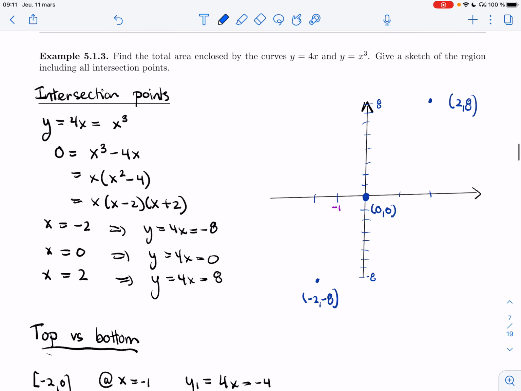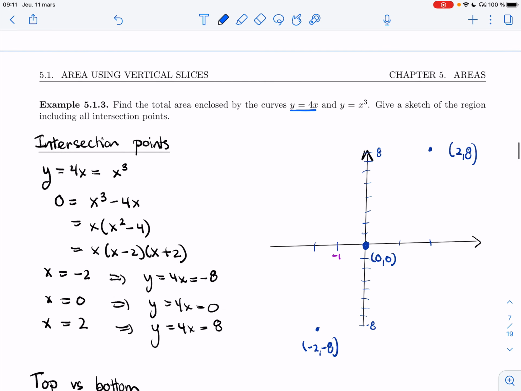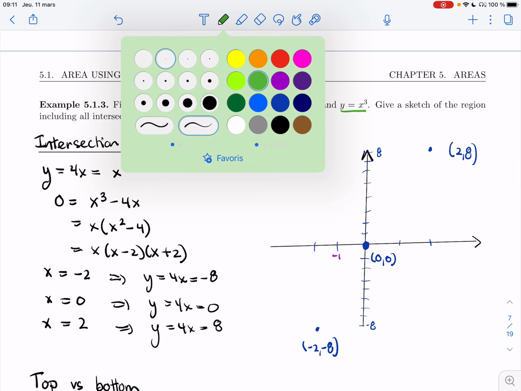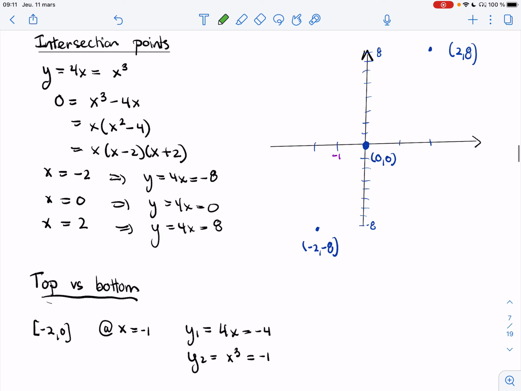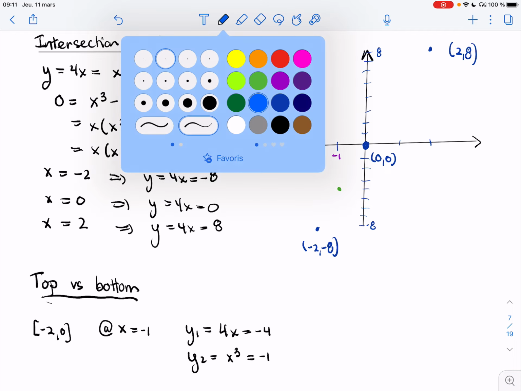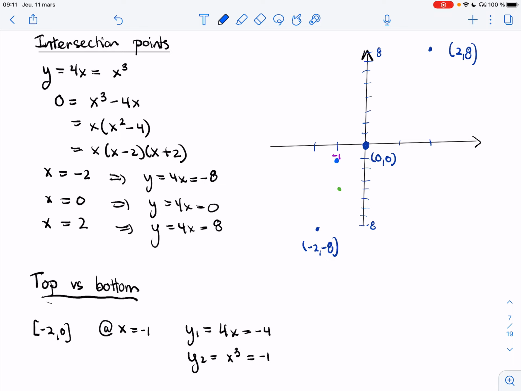Right, so I'm going to use blue for this one. I'm going to use green for that one. So we said -4, so 1, 2, 3, 4. This is the green curve, and the blue curve is at -1. All right, so we know that the blue curve is above the green curve at -1.